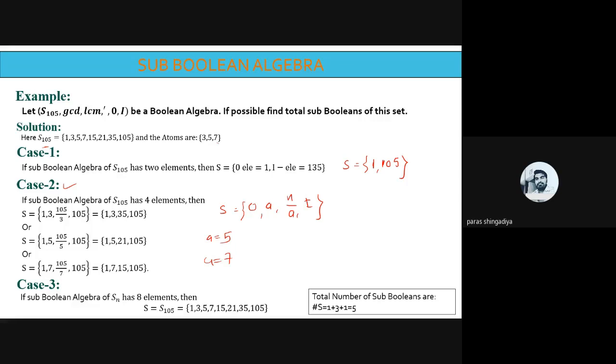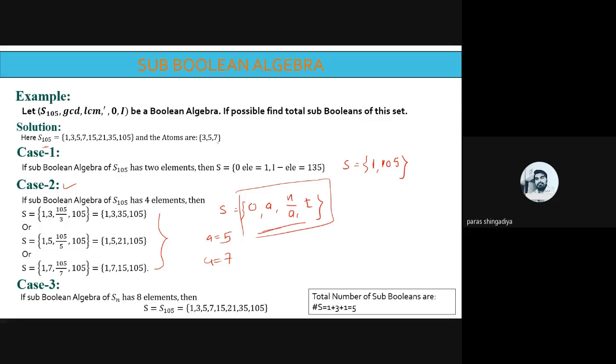So it will be 1, then 7, 105 by 7, and 105. The formula is the same; in each case you just replace the different atom. So we get 3 sets which contain 4 elements and are sub-Boolean algebras of S105.